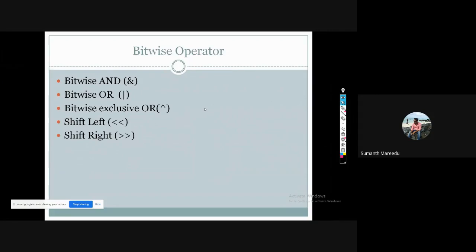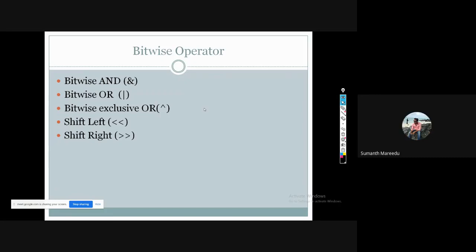Okay, smallest unit of your computer memory. So if there is one bit, what can that bit hold? It can hold either 1 or 0. That's it. It can hold only 1 or 0.